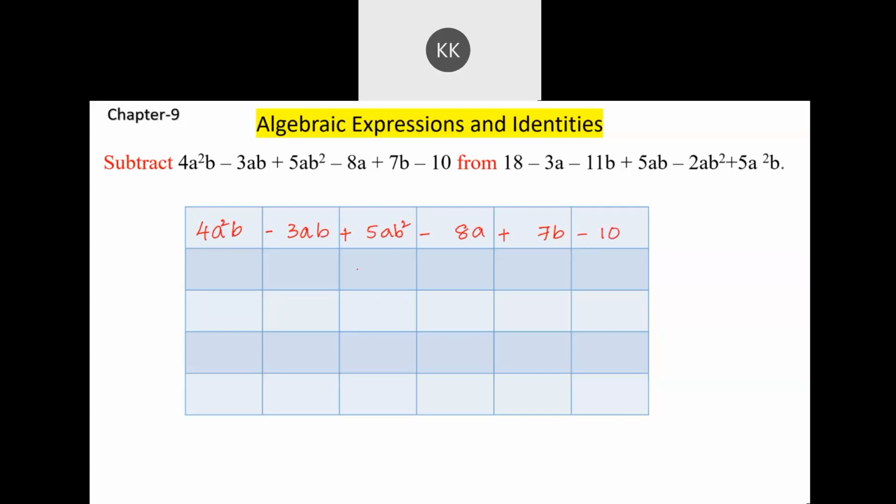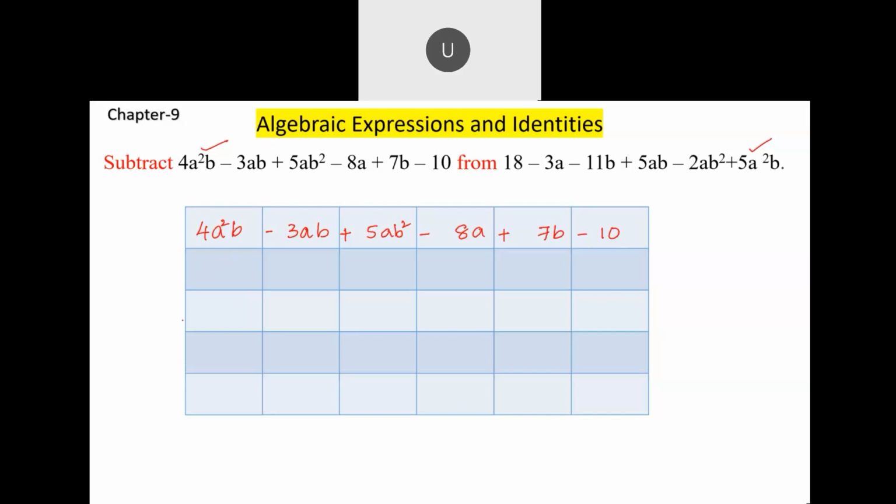Now from the other expression, I should search for a square b term. Is a square b term present? Yes, it is present. We have to subtract this from the other.